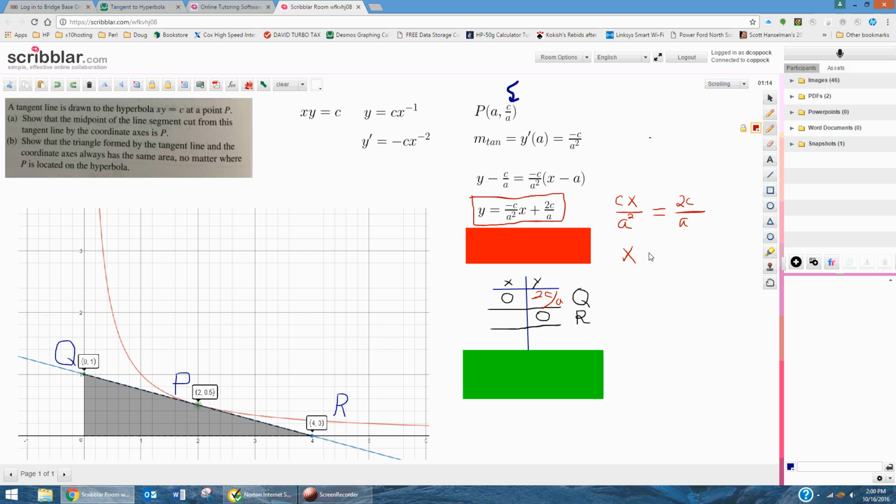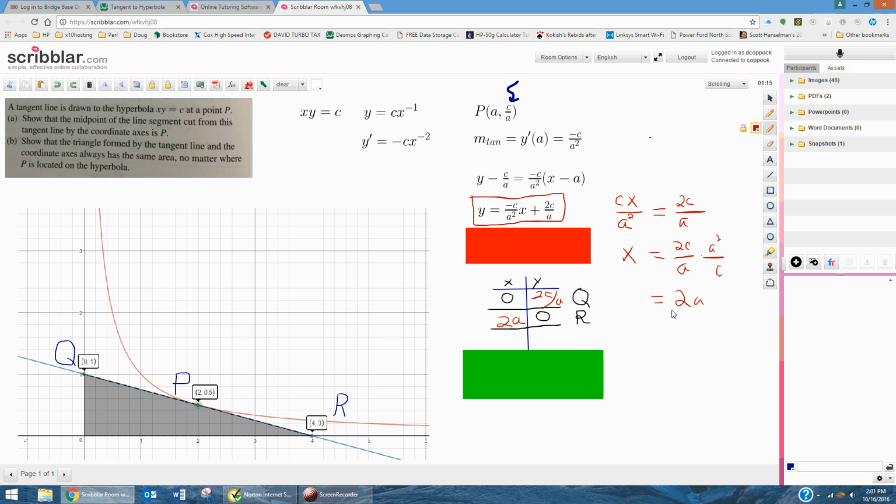So that'll be x equals 2c over a times the reciprocal of this coefficient, which would be a squared over c. So it looks like the c's cancel out. It looks like one of the a's cancels out, so it simplifies to 2a. Okay, so there are the coordinates of Q and R.